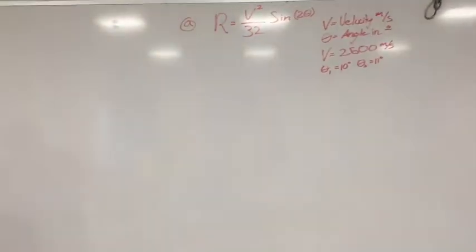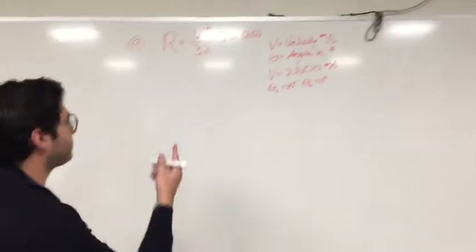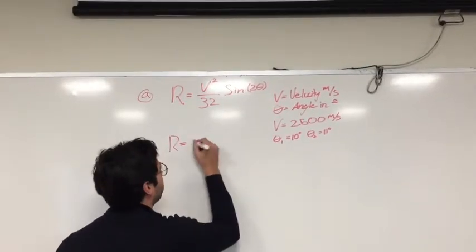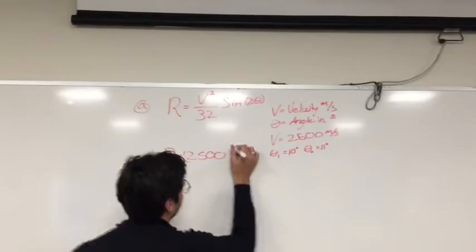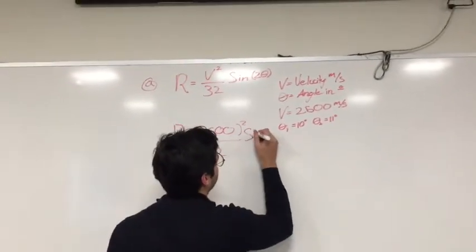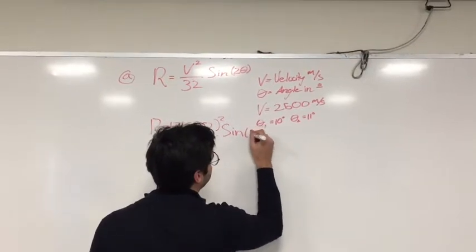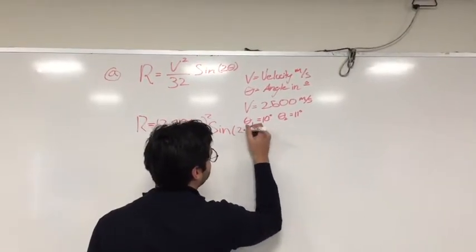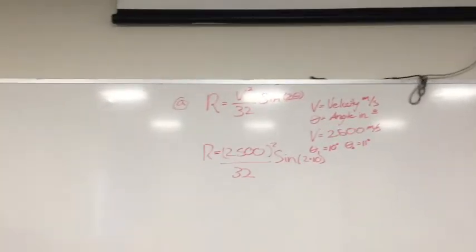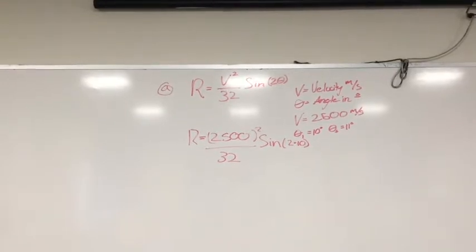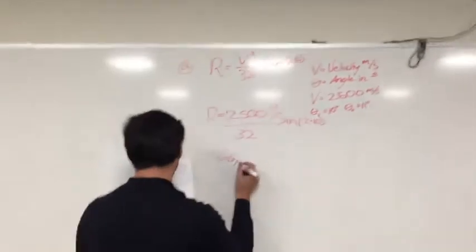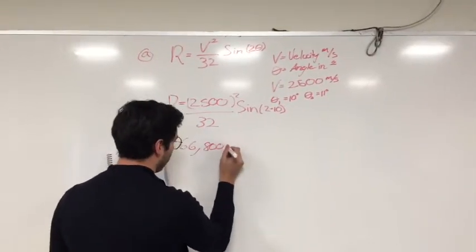To get the change in the range, we simply need to plug in the values. For example, r is equal to our velocity squared, which is 2500 squared, over 32 times the sine of 2 times our first angle, which is 10 degrees, which gives us 66,800.8.